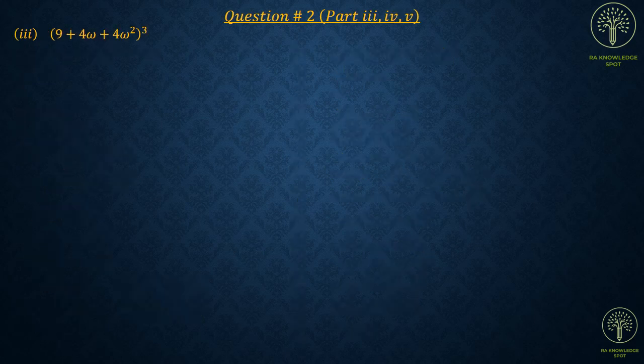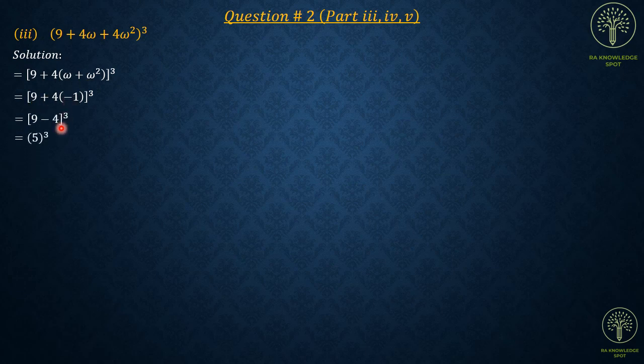Now this is the third part. In this part you can see that 4 is common, writing 4 omega plus omega square as it is. Now we know that in the previous question you saw omega plus omega square is equal to -1. Now 9 plus minus minus, 4 ones are 4, 9 minus 4, that is 5. 5 cubed will give you 125.